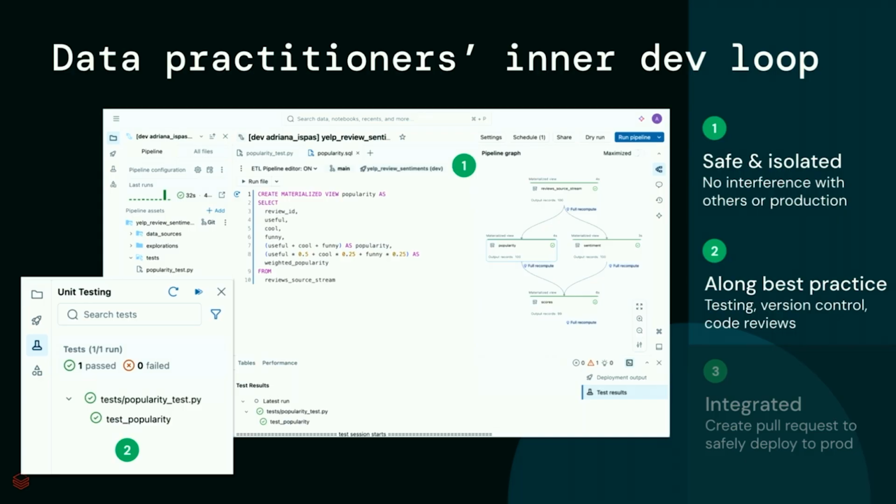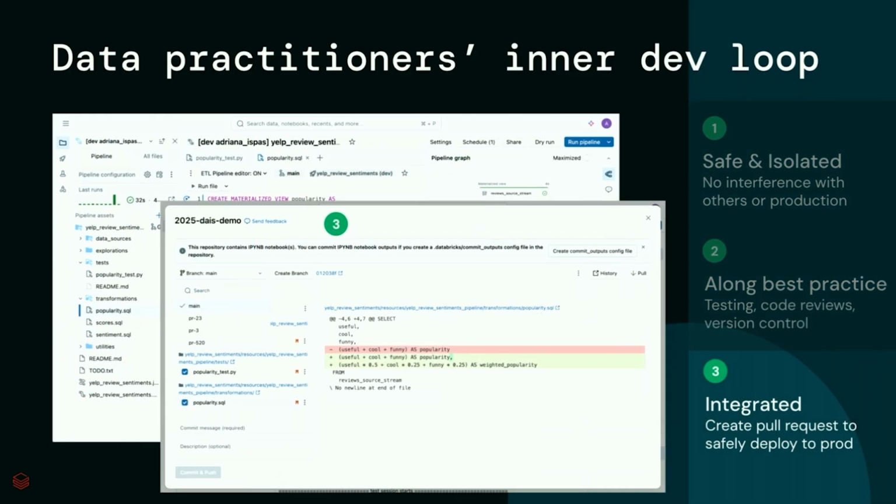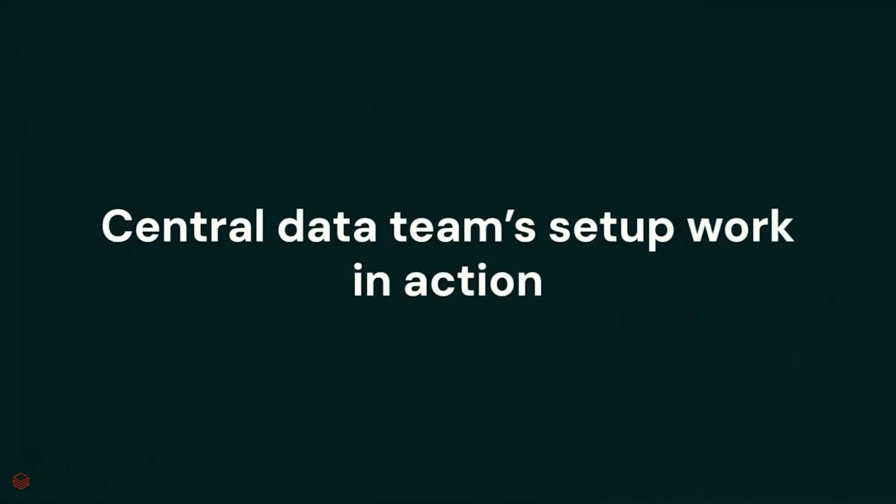I submitted my changes for code reviews. And in addition to that, I could do all of this from this editor, from the developer experience that we've introduced now for declarative pipelines. And with that, let's see what happens to my code once the central data team takes over. And Lennart is going to help us with that.